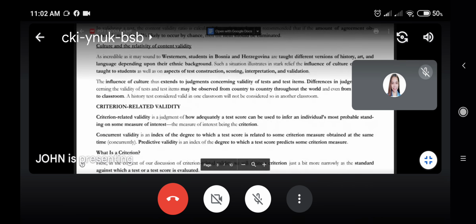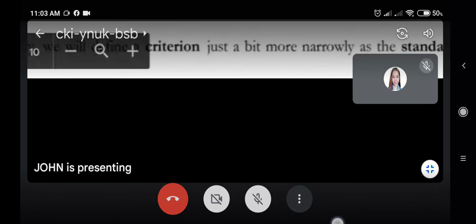Ibig sabihin, the expectations that a man can perform better in the mechanical job is higher than for women. Di ba? But when it comes to clerical job, women are expected to have a high level as compared to the men. Parang ganun po yun, ano.